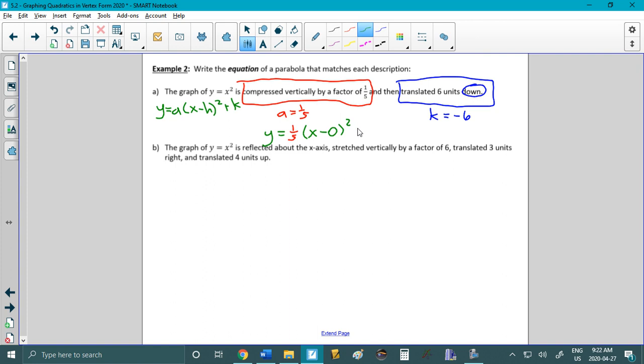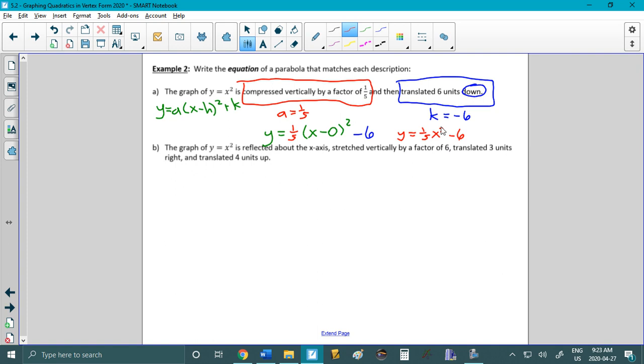And then I square it, and then k is -6. Now, there's a better way to write this. What is x subtract 0? And the answer is just x. So this is 1/5, and then x, and I can put the x in brackets, but if it's just an x, I don't have to, so I say x squared, and then I say -6.